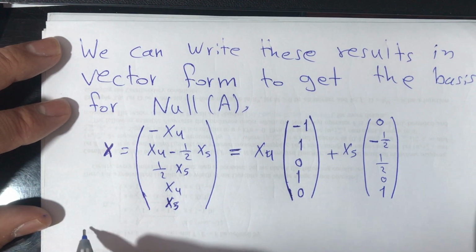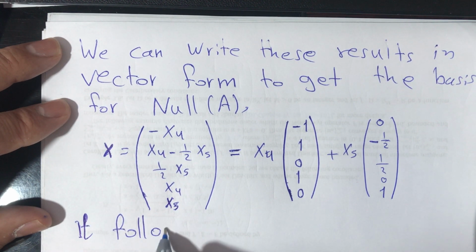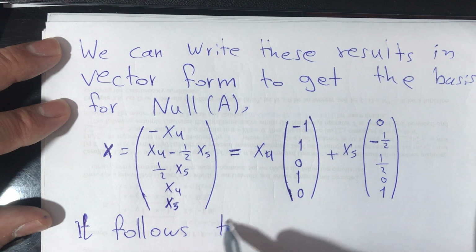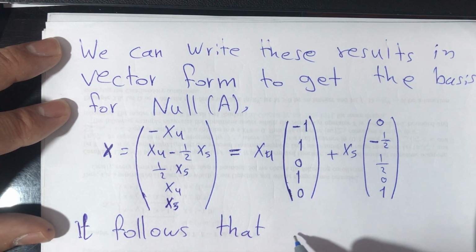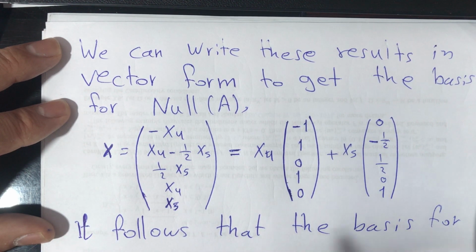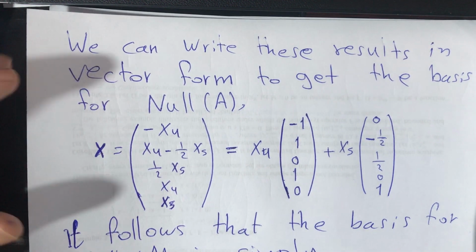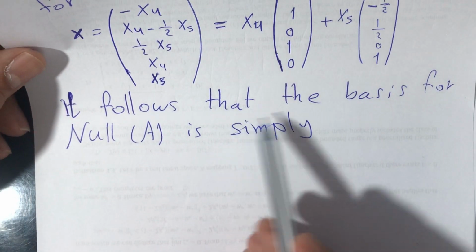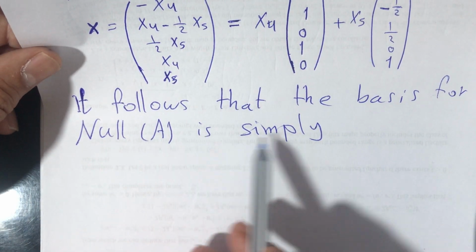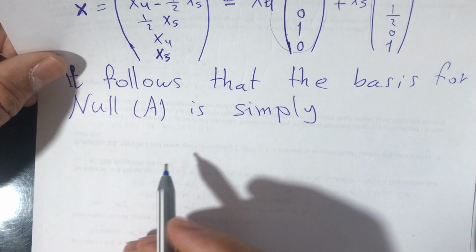It follows that the basis for null A is simply these two vectors.